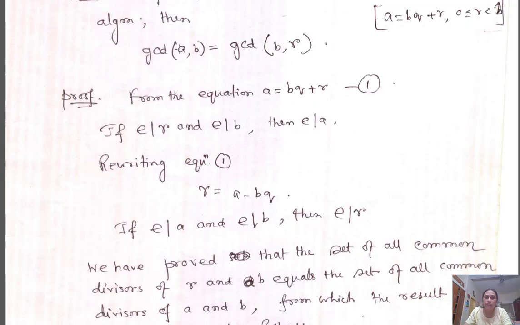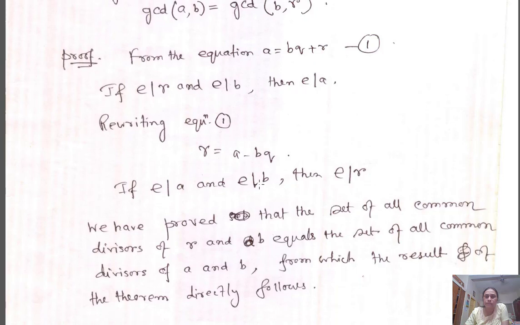Now you consider the common divisors of A and B. Here we considered common divisors of B and R, and here we consider common divisors of A and B. If E is a common divisor of A and B, E divides A and E divides B, then E divides R. So this essentially proves that the set of all common divisors of R and B also equals the set of all common divisors of A and B.